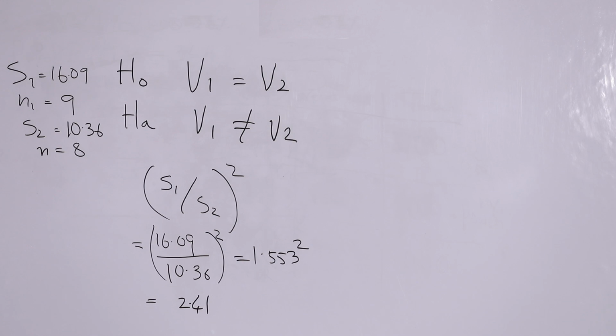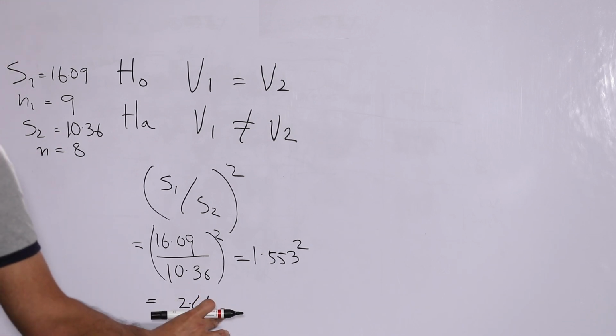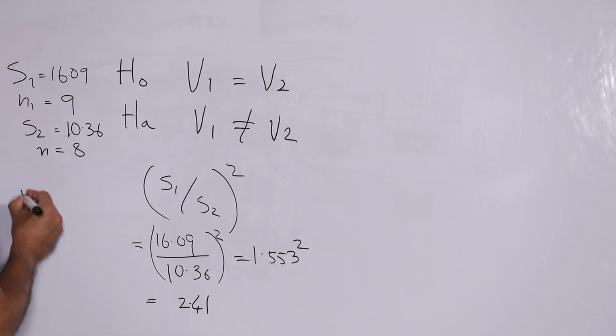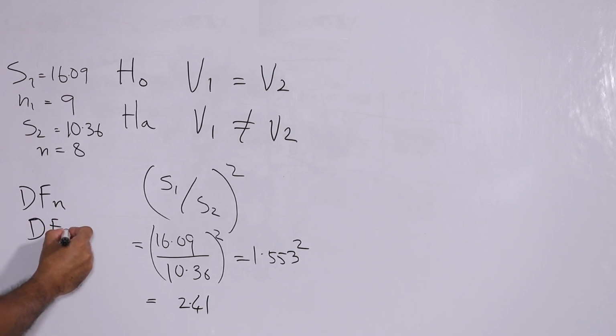So our next step is that we have to find the F critical from the F table. To look up the F table, we need to know the DF numerator and DF denominator.